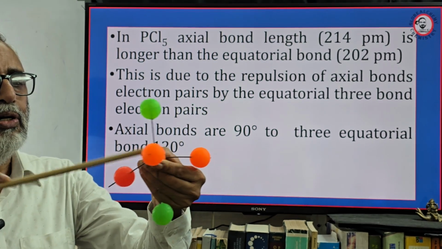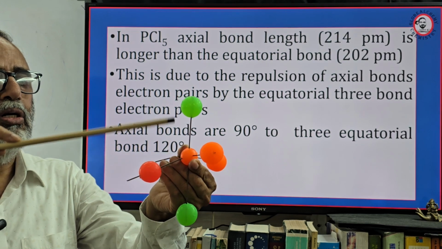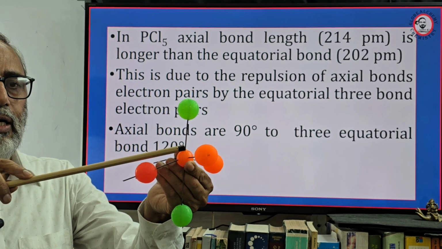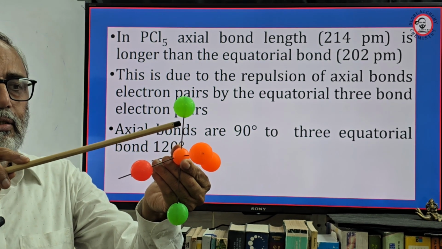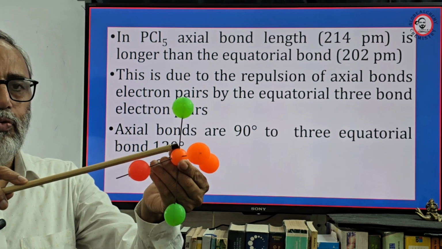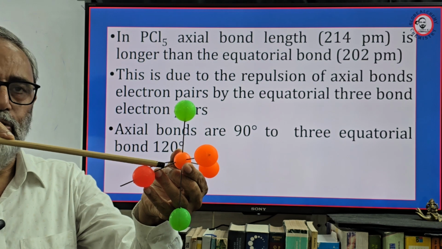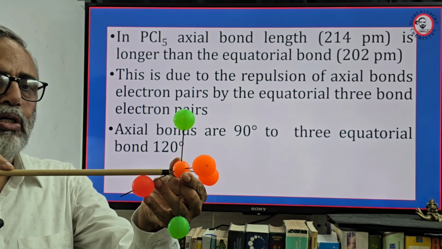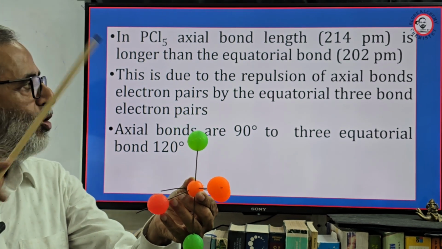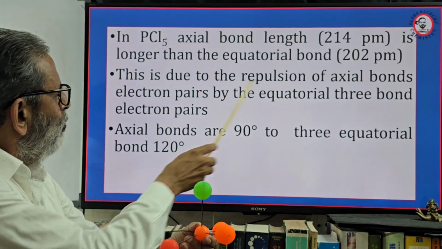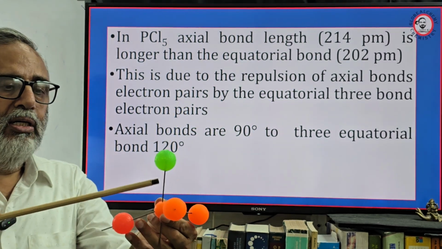So 3 are the equatorial bonds, and these are the axial bonds. The axial bond length is 214, and the equatorial bond length is 202 picometer. And this is due to the repulsion of the axial bond electron pair.